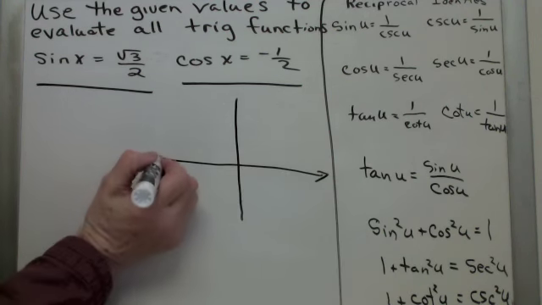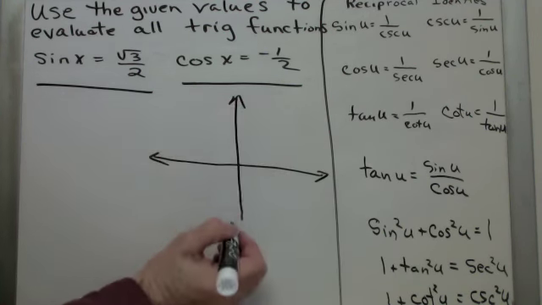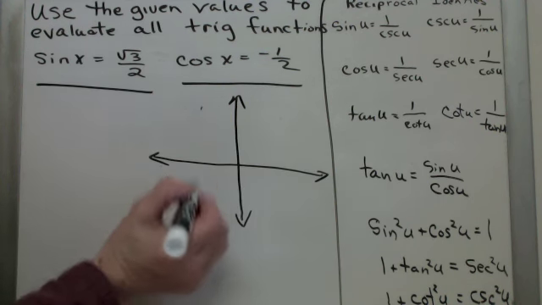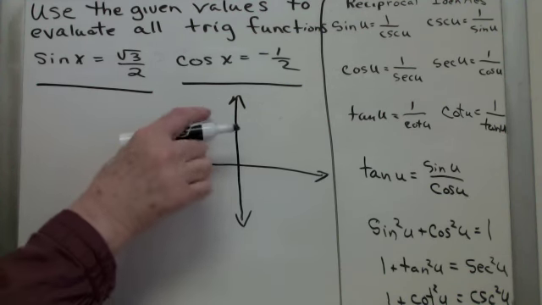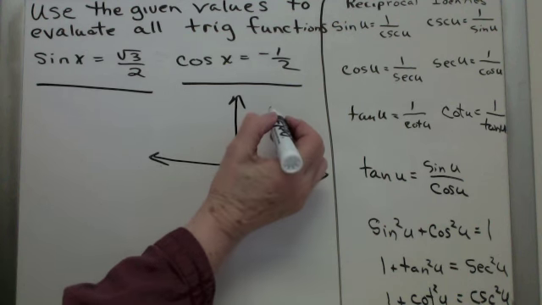Now, remember I gave you this little grid of the 4 quadrants. Remember they're quadrants 1, 2, 3, and 4. And I gave you a code for remembering what functions are positive in appropriate quadrants.